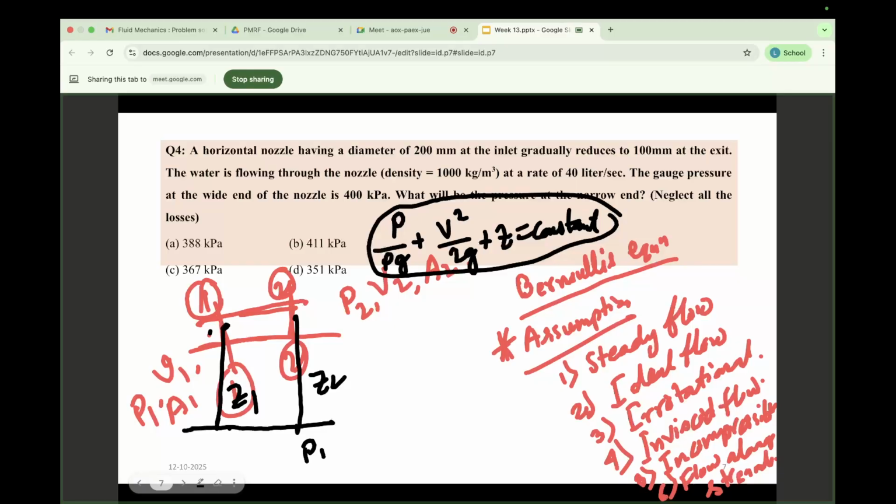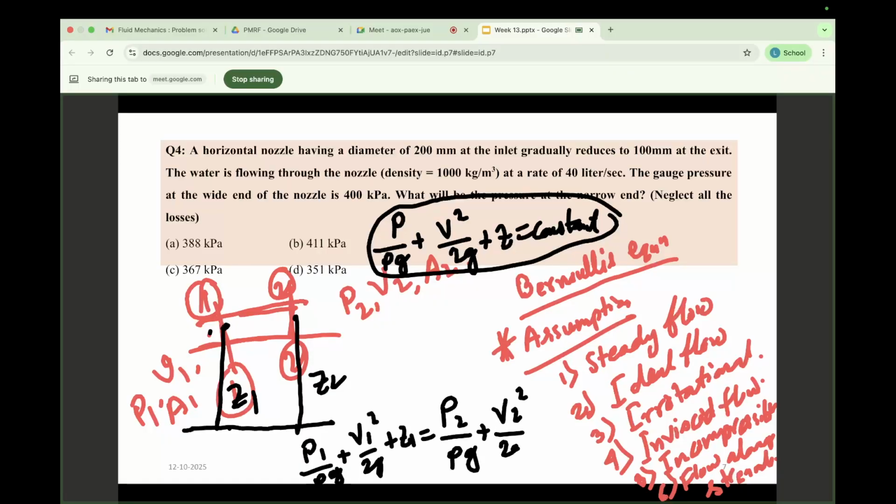I can write P1 by rho g plus V1 square by 2g plus Z1. This should be equal to the total head at point 2, P2 by rho g plus V2 square by 2g plus Z2. That is the concept of Bernoulli's equation.